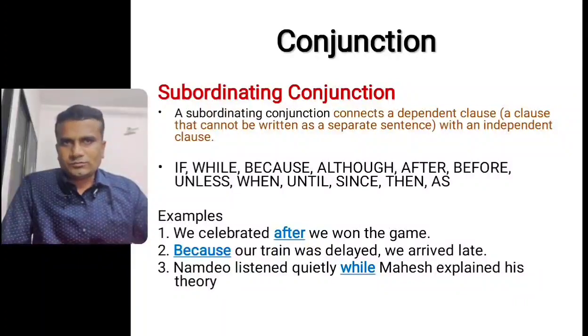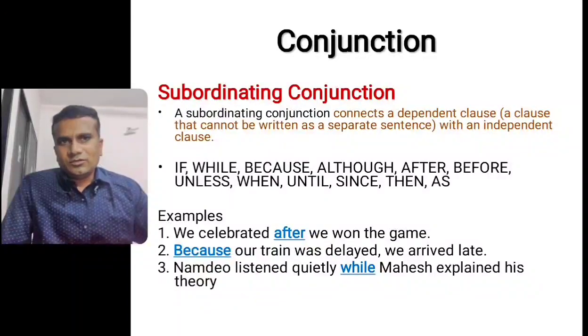Here too, "because" is a subordinating conjunction, which is used to connect a dependent clause with an independent clause. The third example is: Namdev listened quietly while Mahesh explained his theory. Here "Namdev listened quietly" is the dependent clause and "Mahesh explained his theory" is the independent clause.